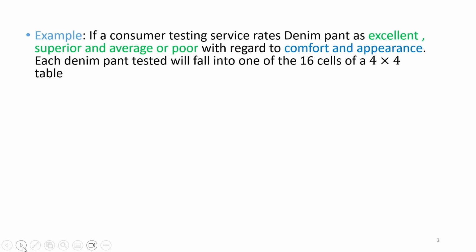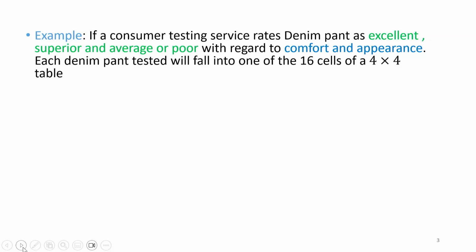Let us say a consumer testing service rates denim pants as excellent, superior, average, or poor with regard to comfort and appearance. Each denim pant tested will fall into one of the 16 cells of a 4x4 table. So, the question is what? Let us read it again.